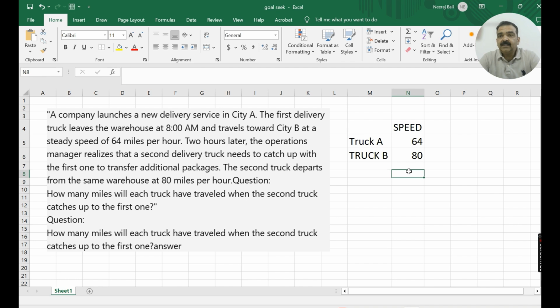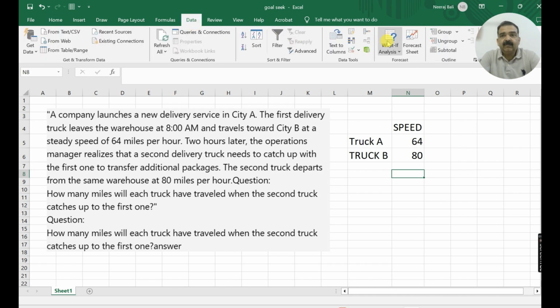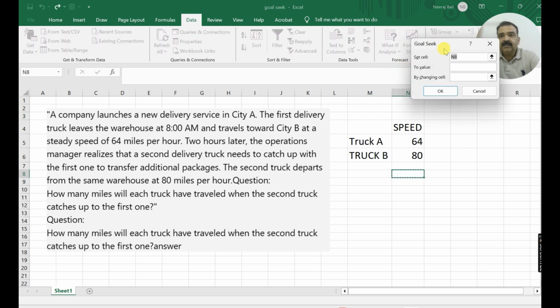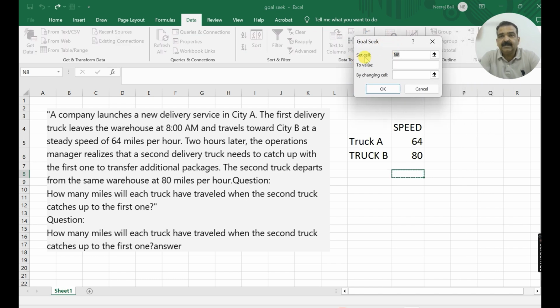So in what-if analysis, today we are trying to see goal seek. We will try to seek a particular goal. So what is there in Data, What-if Analysis, Goal Seek? What three things are there? Set cell, To value, and By changing cell.